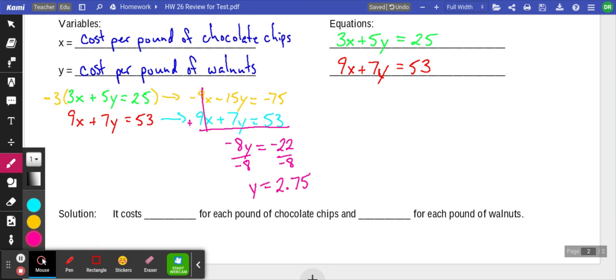So that's totally normal. Now that we have that, we need to substitute it in somewhere where we have the letter y. It doesn't matter. If you go back to one of your original equations, such as this green one that says 3x plus 5y equals 25, I can replace the y with what we just found.